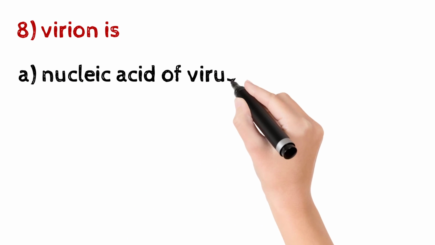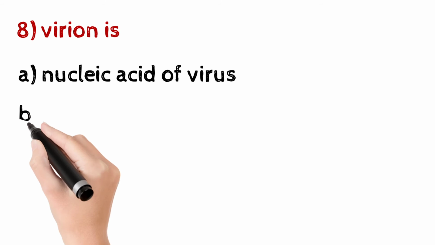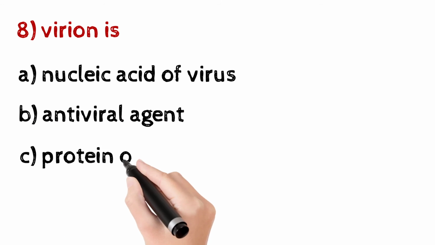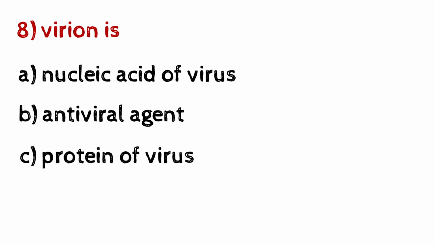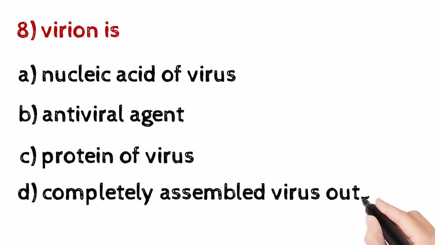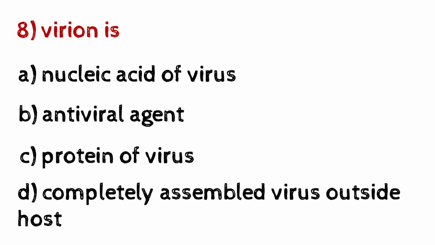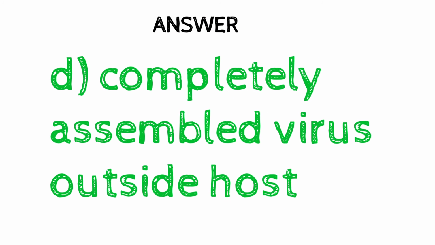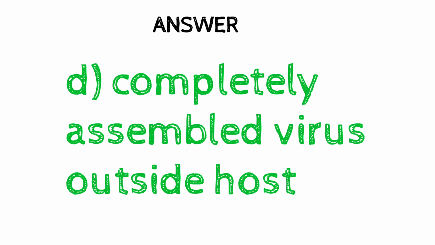Virion is: A, nucleic acid of virus, B, antiviral agent, C, protein of virus, or D, completely assembled virus outside host. And the answer is D, completely assembled virus outside host.